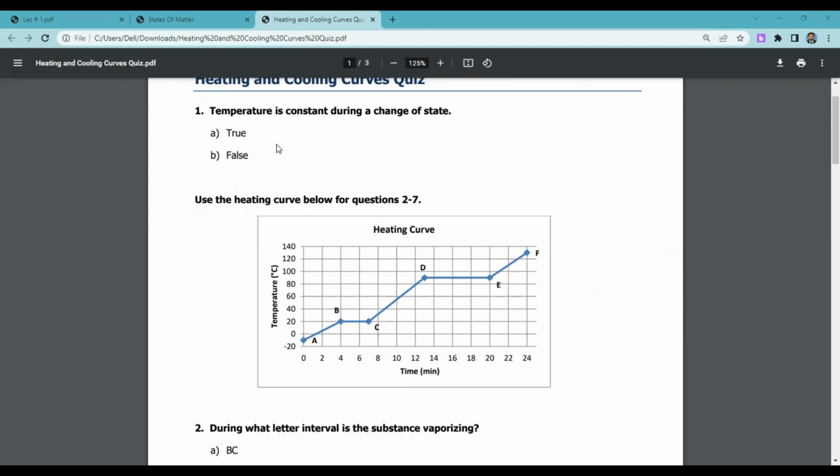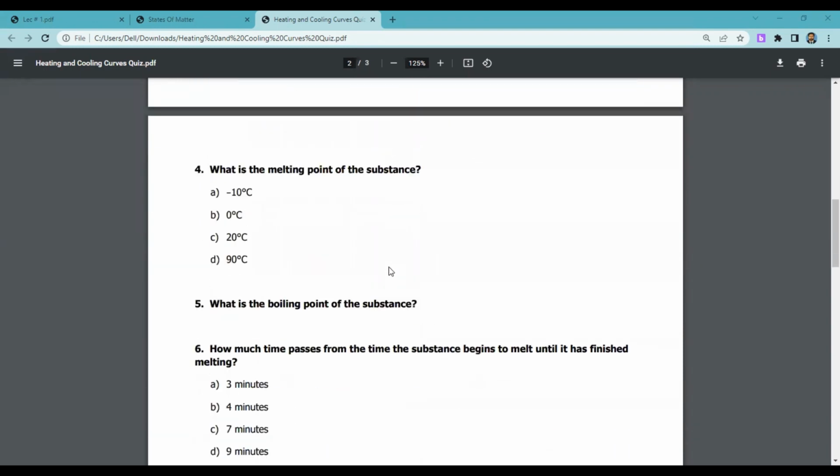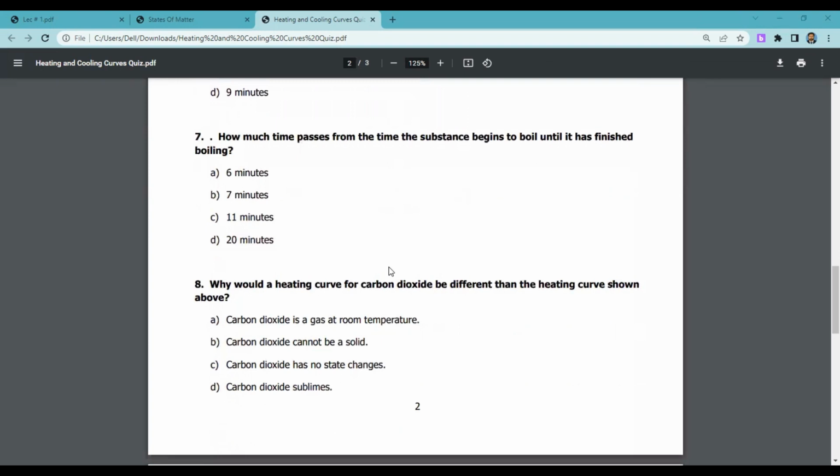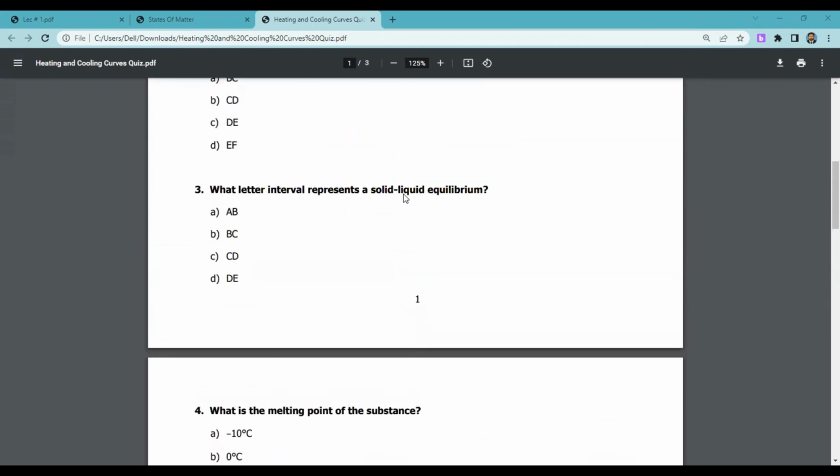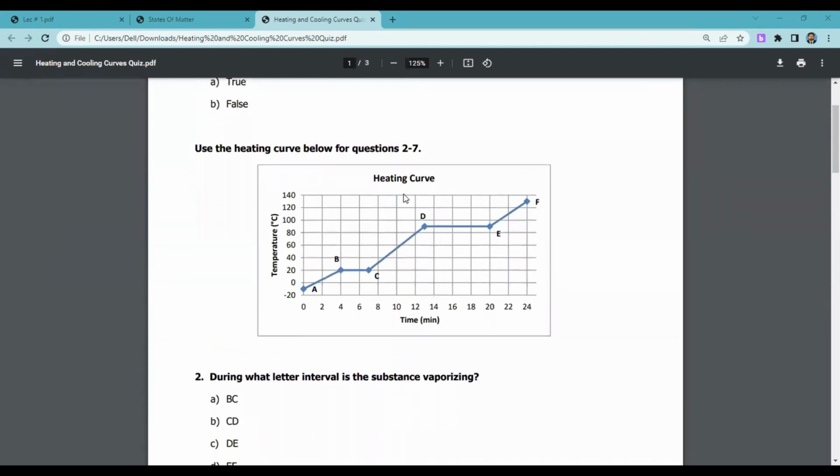Now we will see another question. How much time passes from the start until it has finished boiling? Now it is asking about boiling. You can see the substance starts boiling at this point.